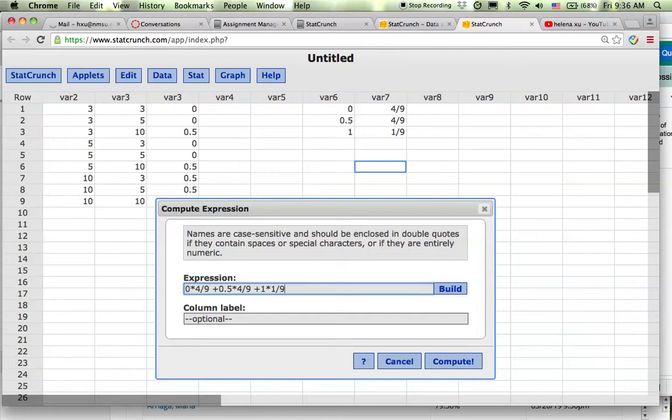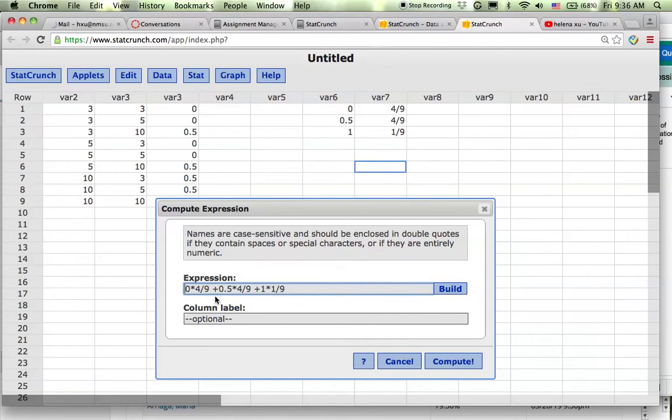And again, you don't really need to use StatCrunch. I use it because I can write the expression out more clearly. So basically what you're doing is multiplying the random variable value with its probability and adding them all up.